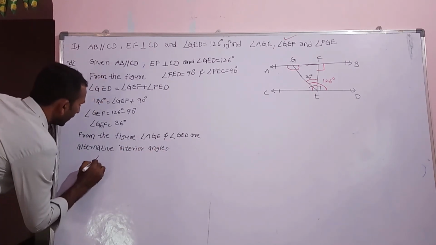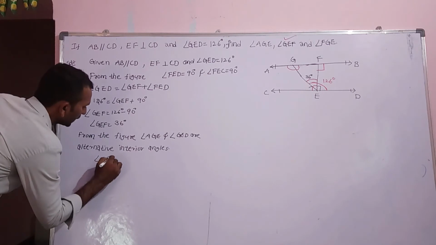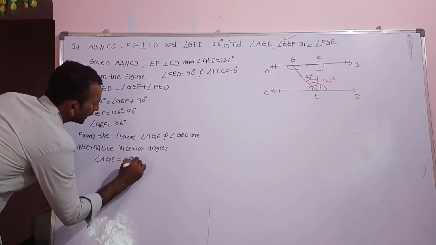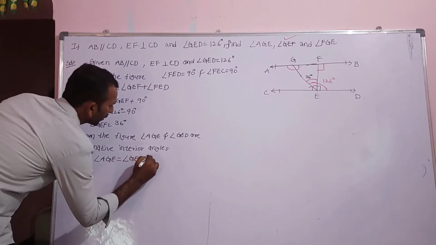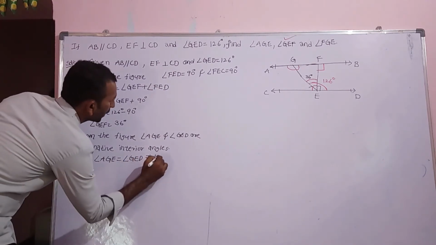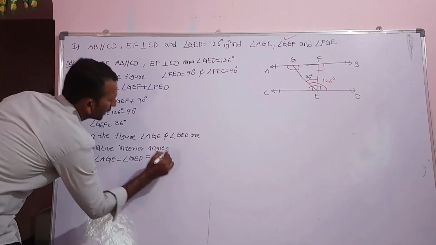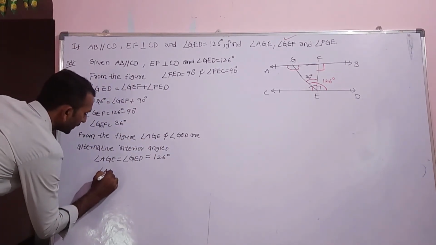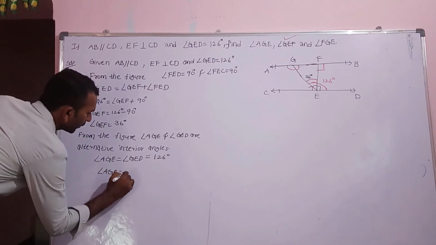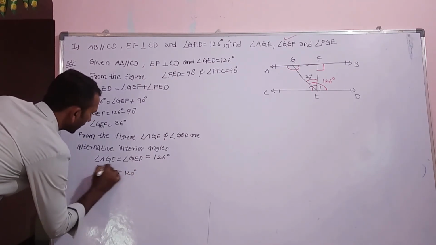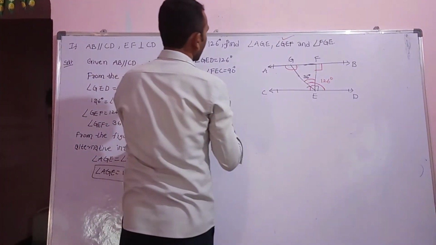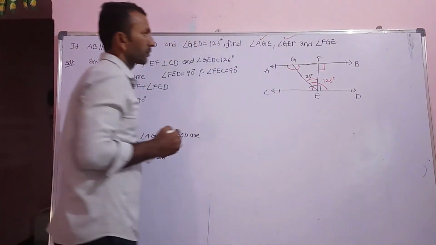So angle AGE equals angle GED, and that equals 126 degrees. So angle AGE equals 126 degrees, and the second one is also over.